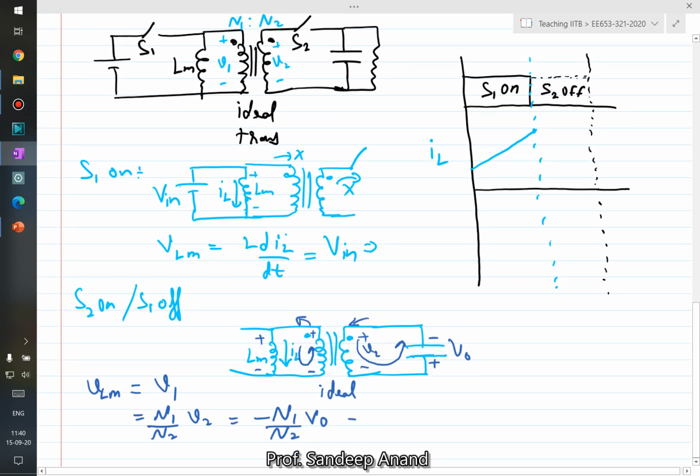So this is equal to L dIL by dt. You can see dIL by dt is negative, therefore current would fall and come back to the same point from where it started. And this is how the inductor current waveform would look.